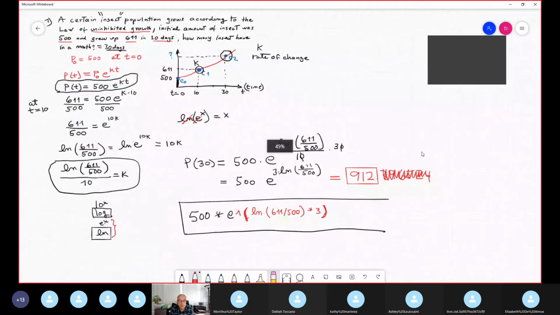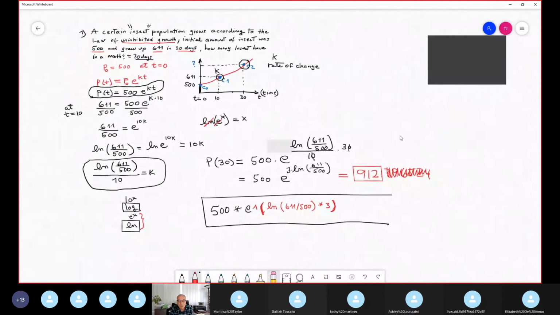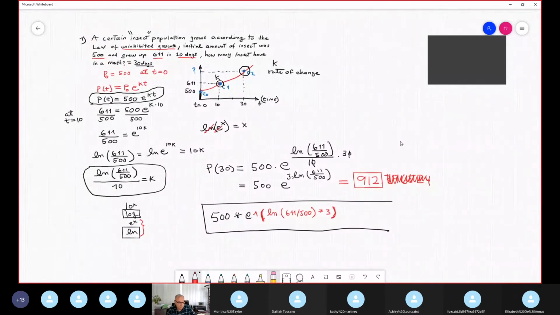This is a typical problem in which we have the initial condition, condition 0. Then given one intermediate condition, condition 1, which allows us to find the K value. And then it asks how many insects, how many bacteria we have at a specific time. So you apply the formula 2 times.